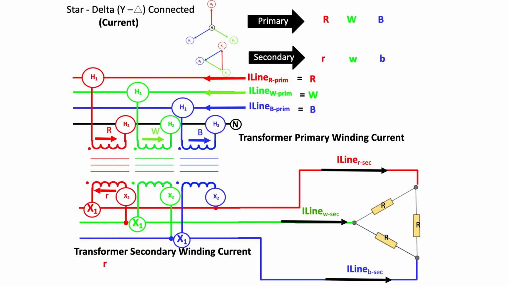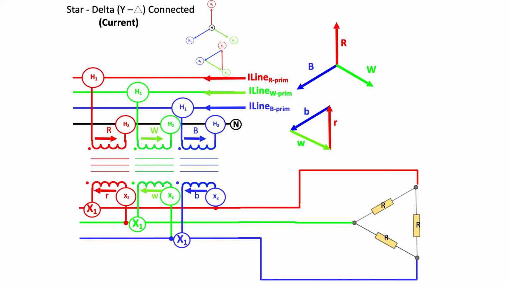And similarly, the white phase secondary current coil is going to flow out of the spot, and the blue phase current coil is going to flow out of the spot. Now, we would like to find out what the current is that's flowing in the I line R secondary or R sec, W sec, and B sec, and we're going to have a look at that right now.